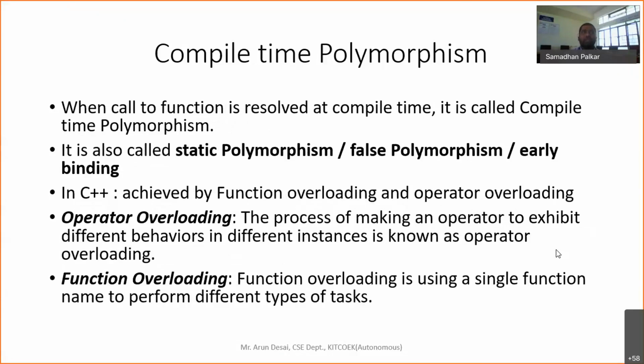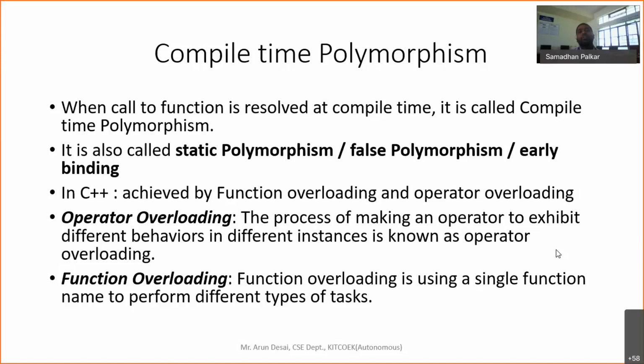Even in C language, we have two stages. First we compile our program and then we execute our program. If the call to the function is resolved at compile time, then it is called compile time polymorphism.